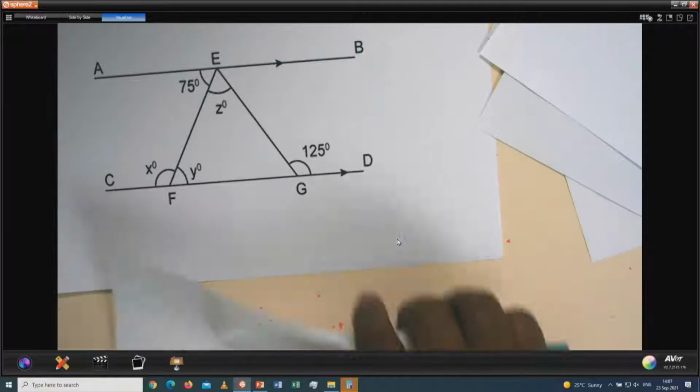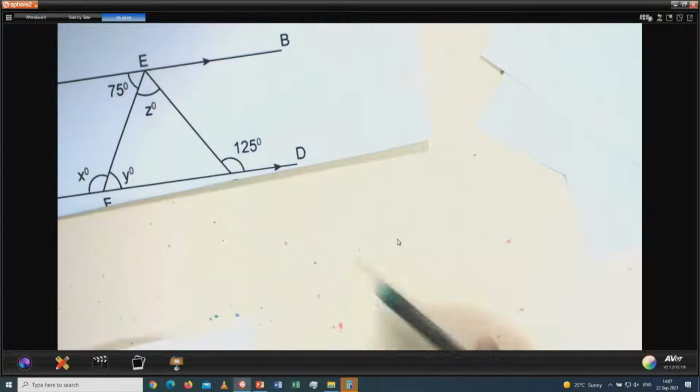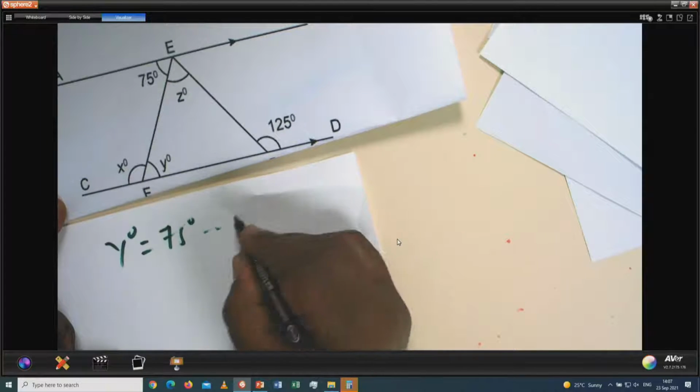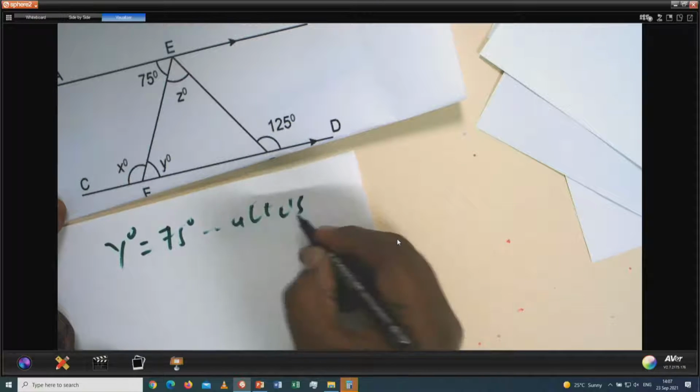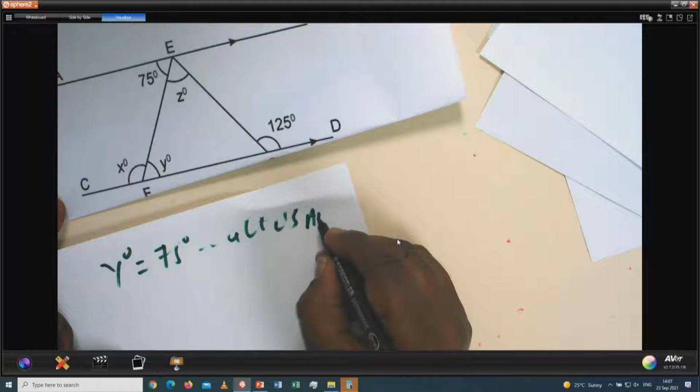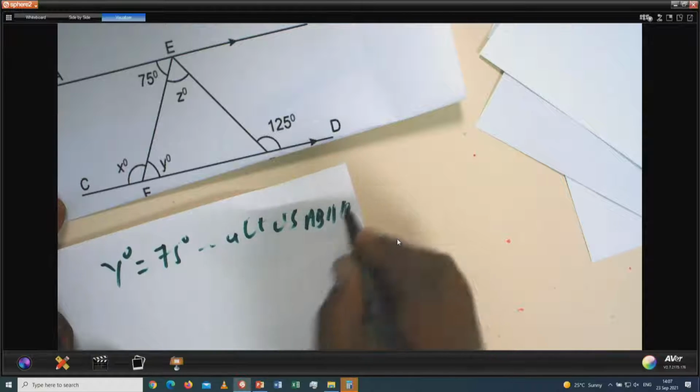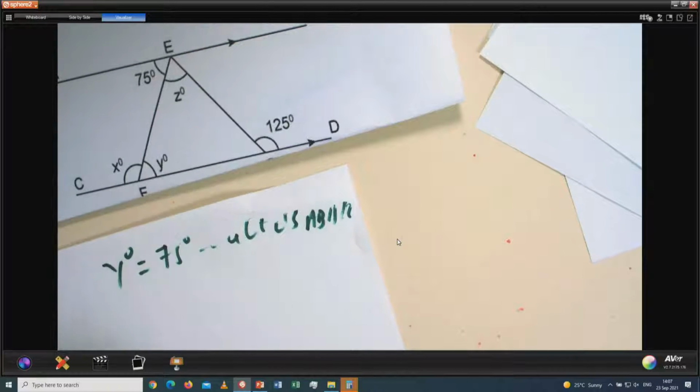Therefore, because of your Z, bring your colored pen so that you can mark them. Your y equals 75 degrees, alternating angles, AB parallel to FD. Therefore, we got your y.